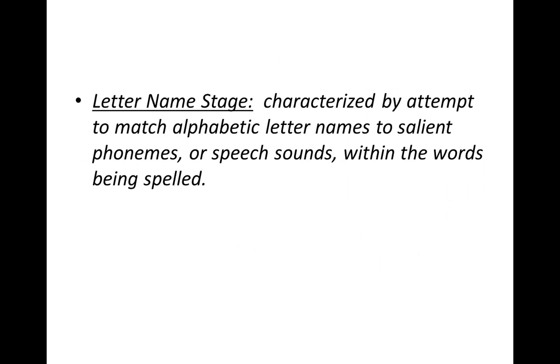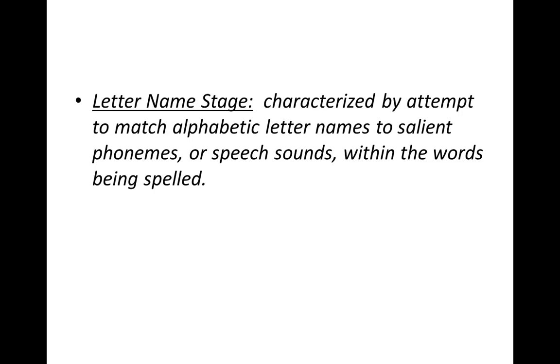The next spelling stage is the letter name stage. And this is characterized by the attempt to match alphabetic letters to salient phonemes, that is, most predictable phonemes, typically the initial sounds and the ending sounds within the words being spelled.